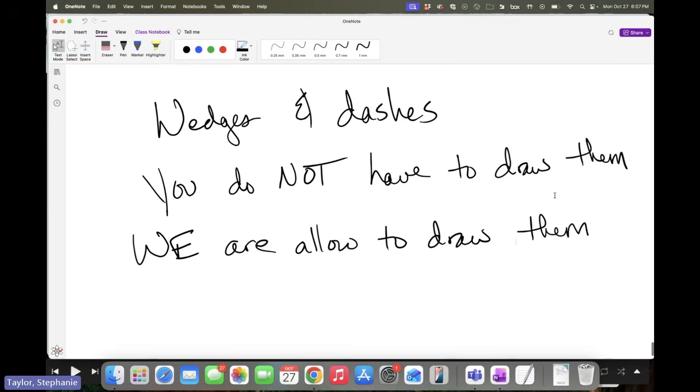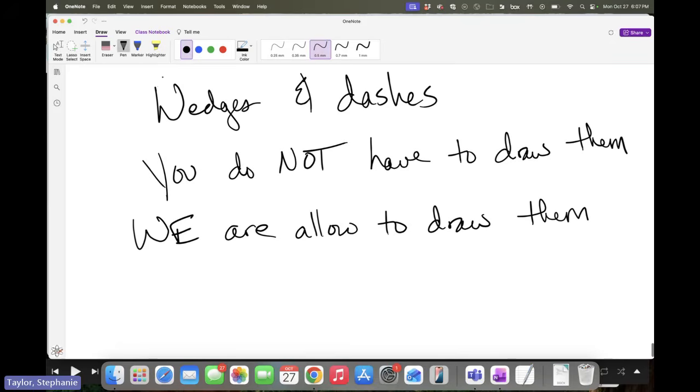The whole idea of wedges and dashes is that a wedge is supposed to be coming out at you, and dashes are supposed to go behind the page.